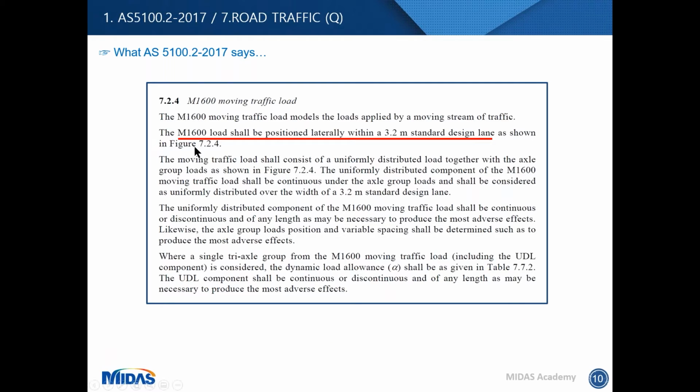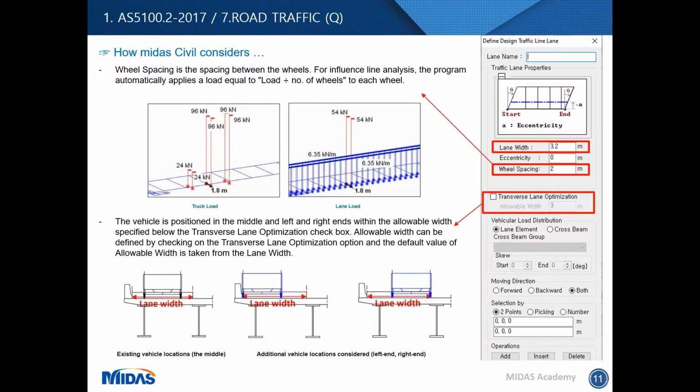In the same clause, it says the M1600 load shall be positioned laterally within a 3.2 meter standard design lane. So where do we input this to the analysis model? In the first step, as I mentioned, defining the traffic lane is the first step to use moving load analysis. When you define the traffic lane, here you can input 3.2 meters for lane width.